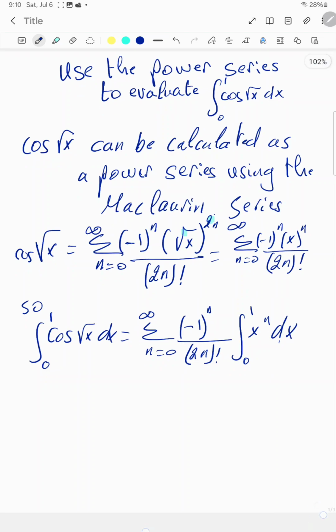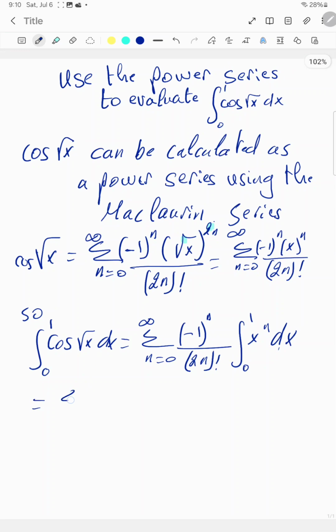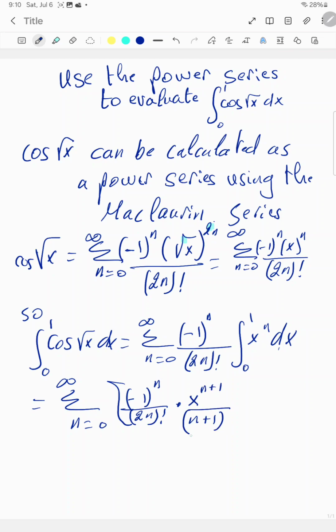That becomes very easy. So it is equal to the sum when n equal to 0 to infinity of minus 1 to the power of n divided by 2n factorial times the integral of x to the power of n, which is x to the power n plus 1 divided by n plus 1, and all that between 0 and 1.